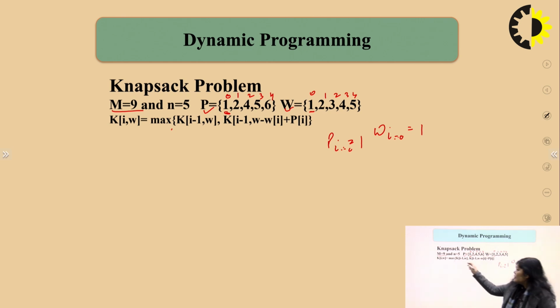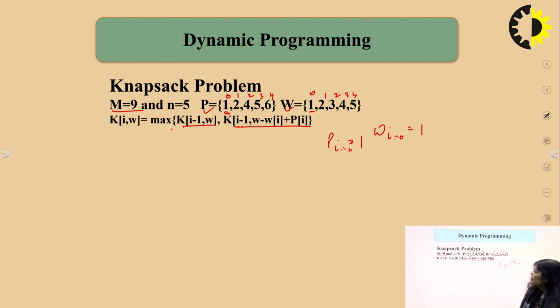So this is one term and this is the other term. I need to compute these two terms first, and then make a decision: whichever is maximum out of these two, I keep it as the entry in the table. As we already know, in the dynamic programming approach I need to create a table to store the sub-problem solutions. Let us see how we are going to create this table here.